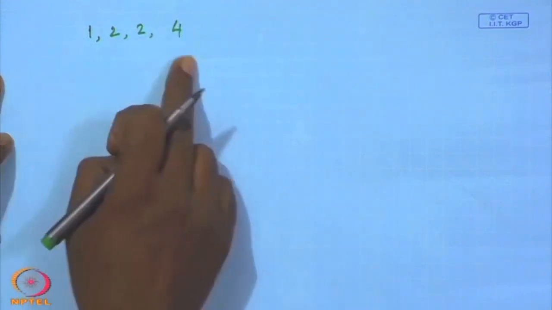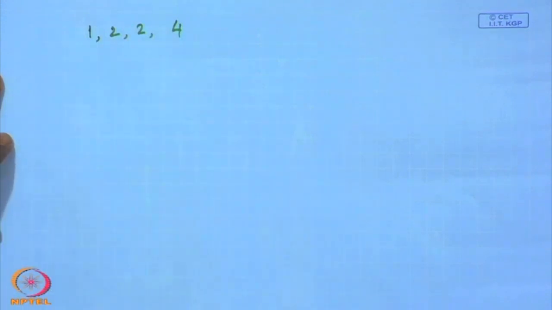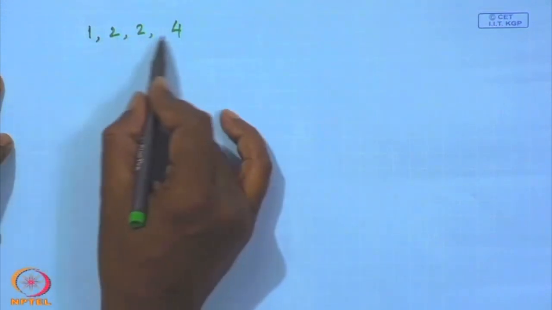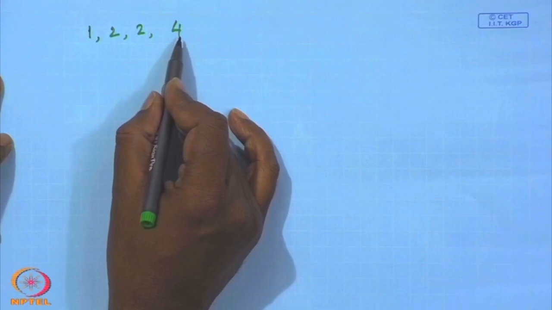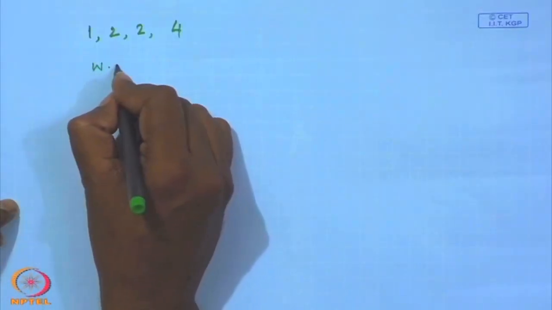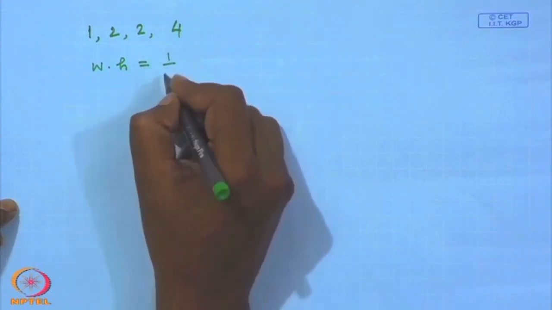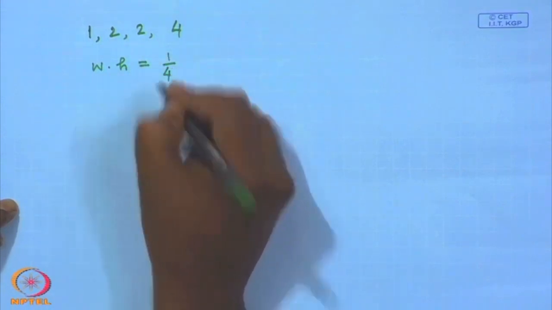Then obviously I have to place 2 windows at location 2, and the total number of samples that I have is 4. So, area under every window will be 1 upon 4, and let us assume that the width of the window is the same, equal to 2, right. So, width into height has to be equal to 1 by 4.